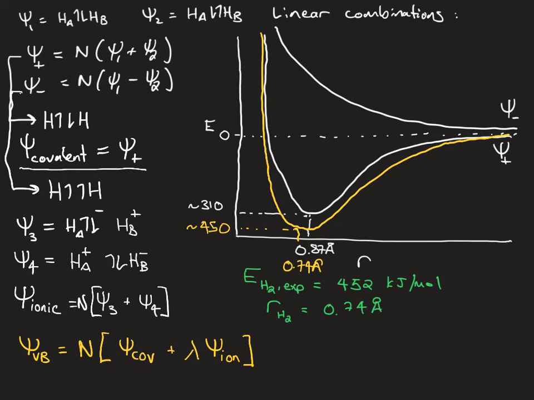So what valence bond theory reveals about the HH bond is that H2 is both described in covalent terms with some percentage of ionic terms. So the overall valence bond wave function is approximately 90% covalent and 10% ionic. You have to consider this ionic contribution to match the experimental data. So valence bond theory can give you additional insight into the nature of the HH bond.